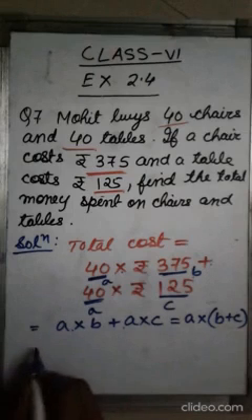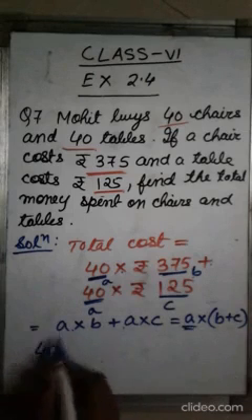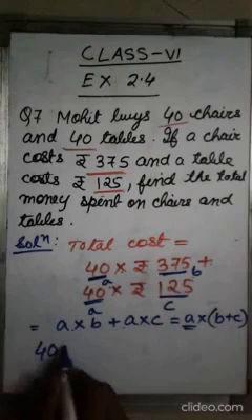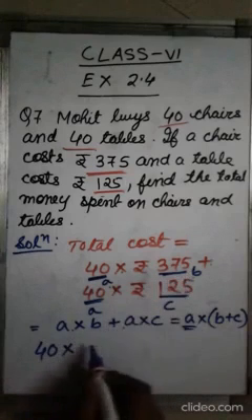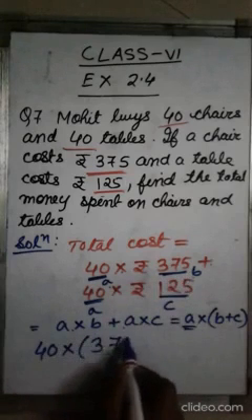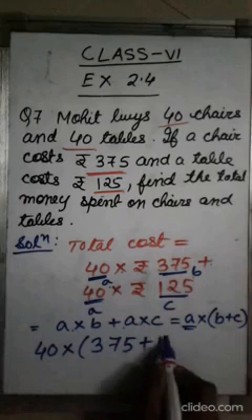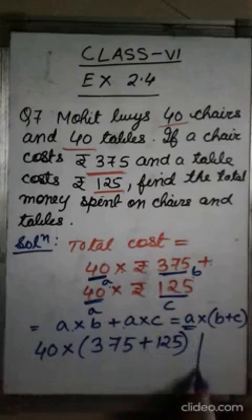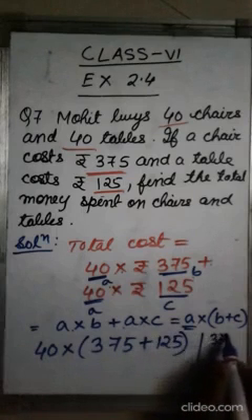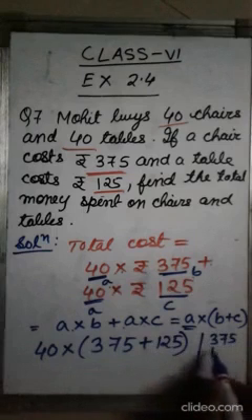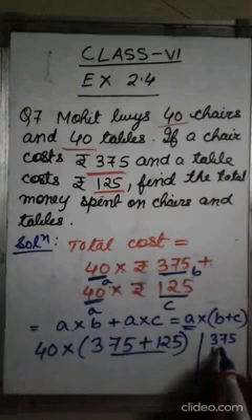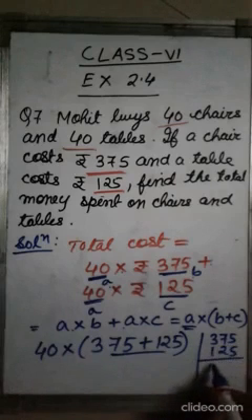So in place of A we shall write 40 because 40 is A, into B is what? 375 plus C is what? 125. You do the rough work. 375 plus 125, how much? It is 500.